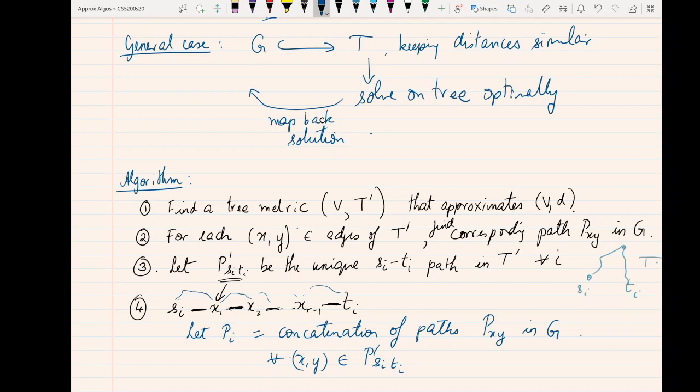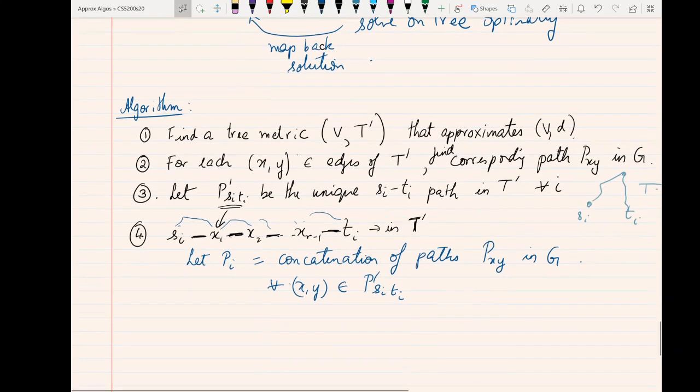You concatenate all of them, and you get your final path. Of course, we are going to do this for all i.